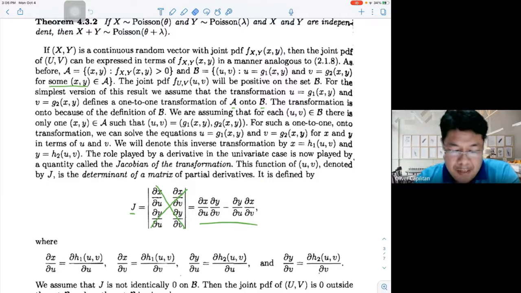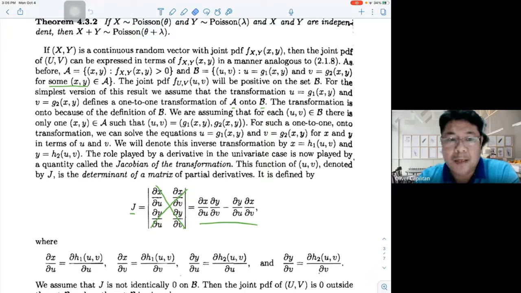And then script B here should be the set of all ordered pairs UV. So these are the realized values of our random vector UV such that U is equal to G sub 1 of XY and V is equal to G sub 2 of XY.